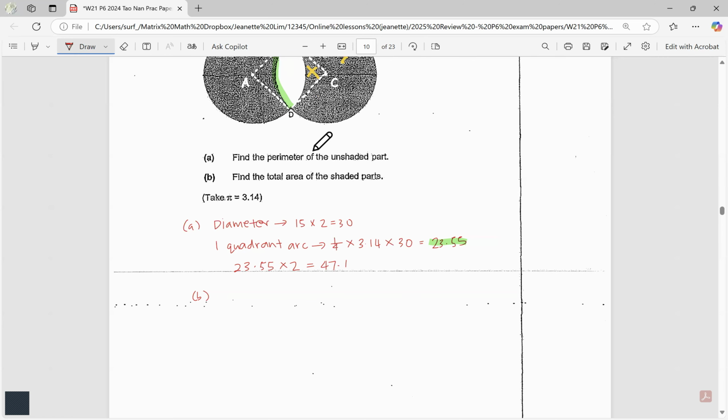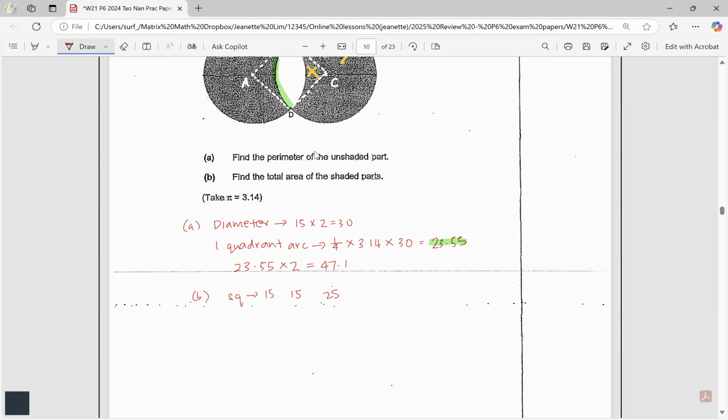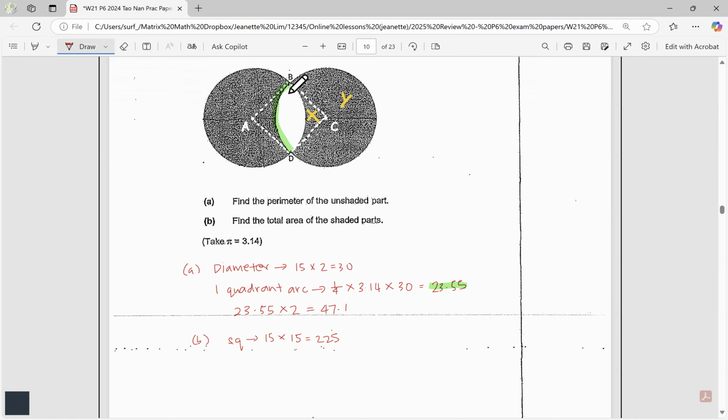Square minus quadrant. So the square would be 15 times 15, because AB is 15. Sorry, 225.